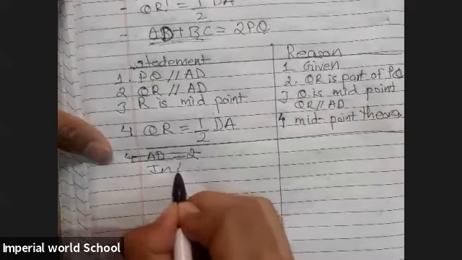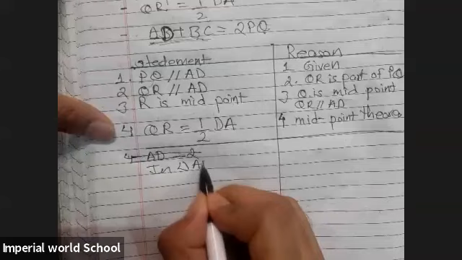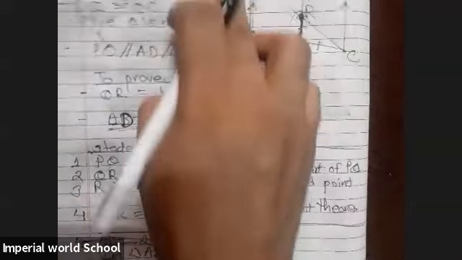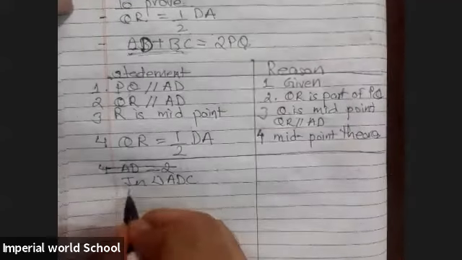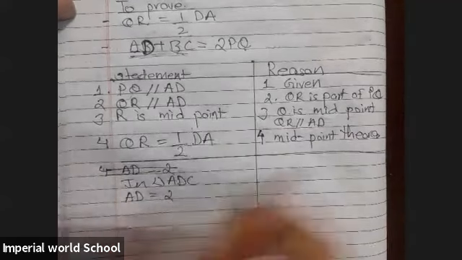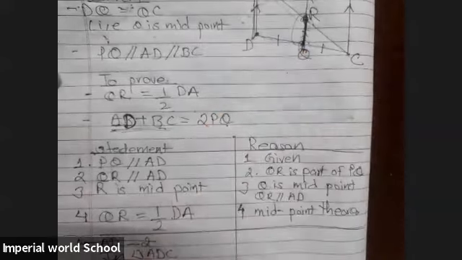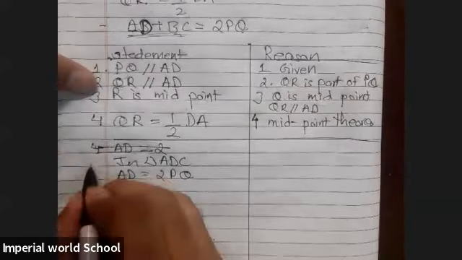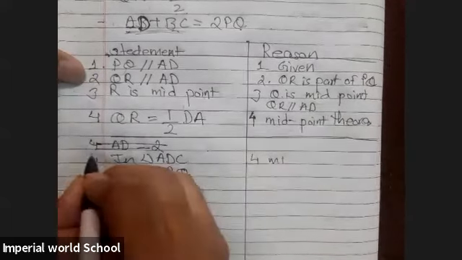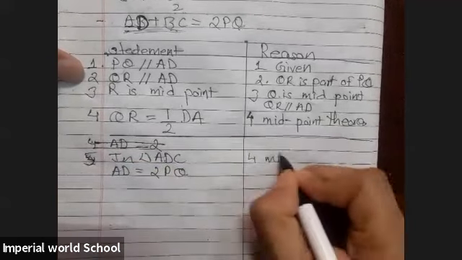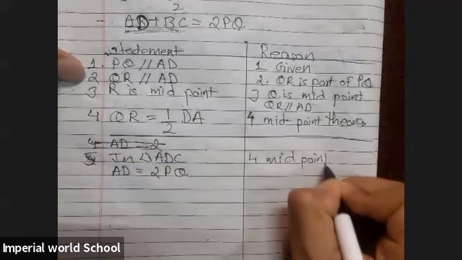In triangle ADC. So let's focus on triangle ADC. AD is going to be double of PQ, because the baseline is going to be double of this PQ, right? So this is also based on the midpoint theorem. This is the fifth statement, midpoint theorem. This is in this triangle, right?